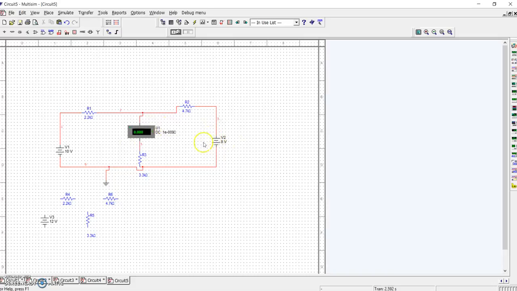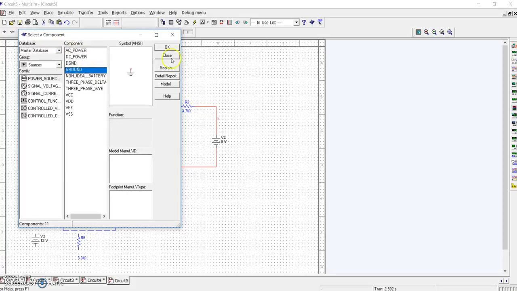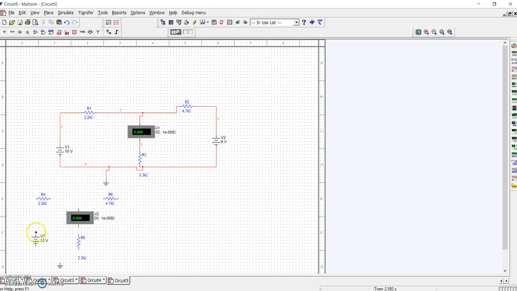Now we will replace this 8 volt voltage source with a short circuit, and we also have to place this ammeter, copying and pasting. And we need a ground. So connecting.